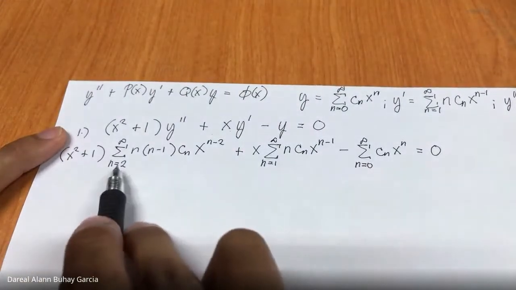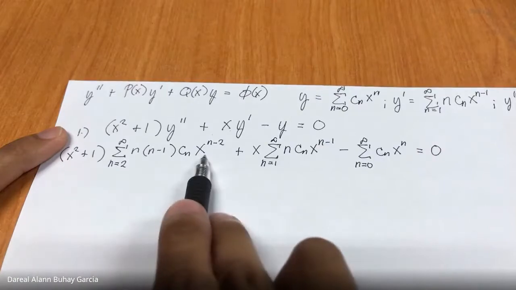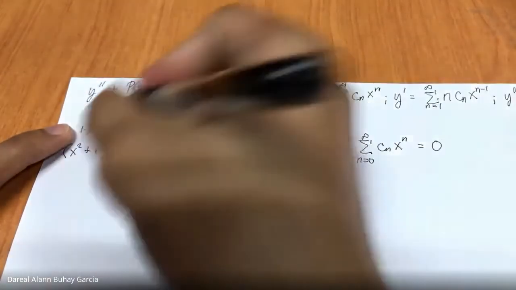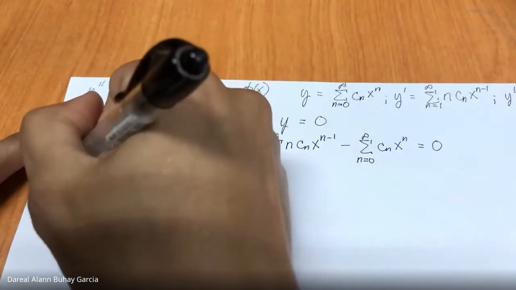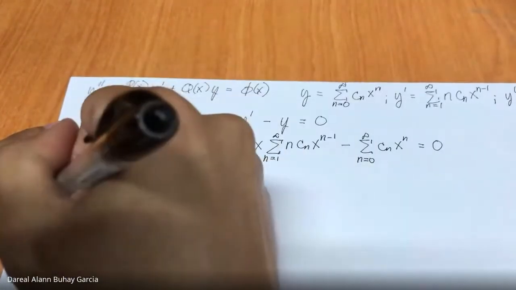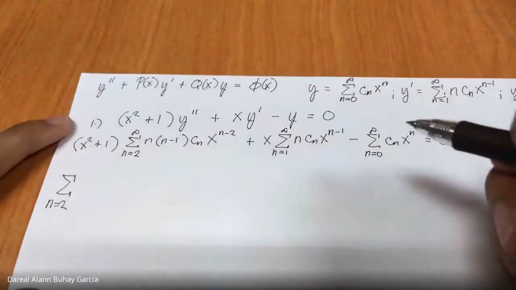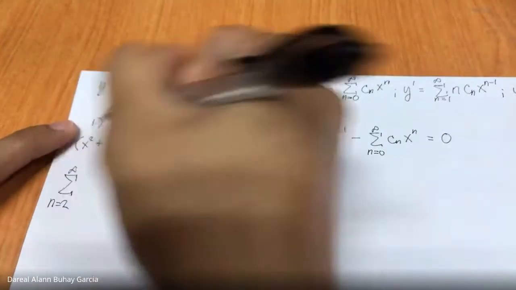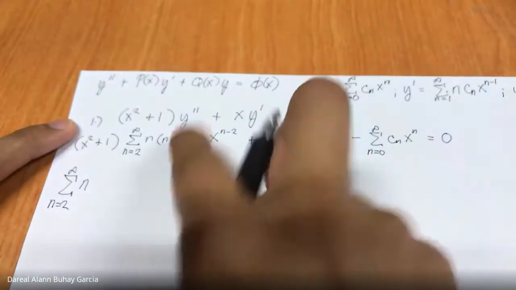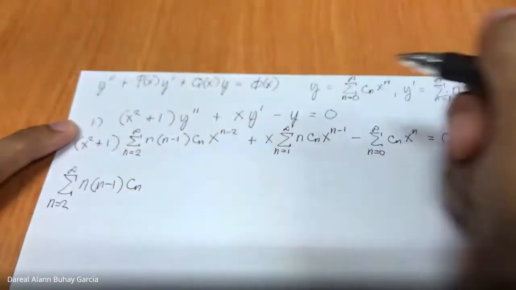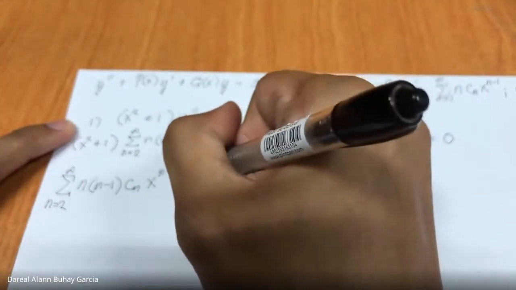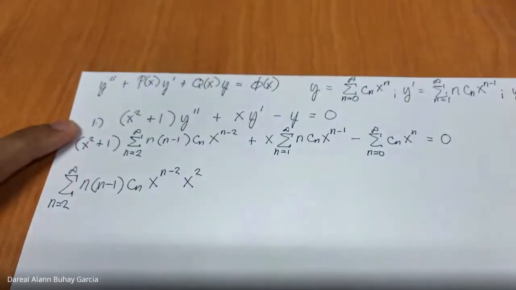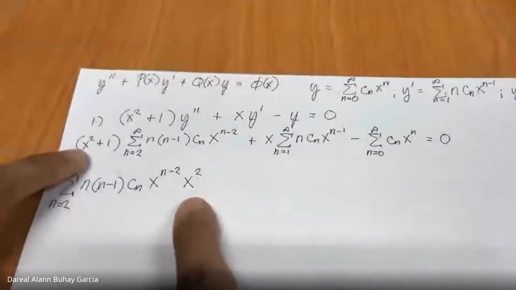So i-distribute natin si x squared here. The summation n is equal to 2 to infinity of n times n minus 1 c sub n x to the power of n minus 2 times x squared.